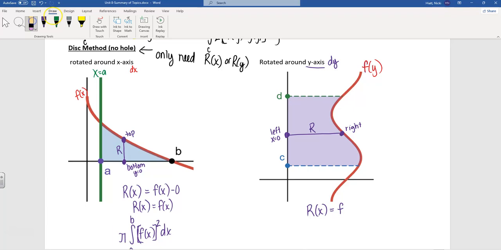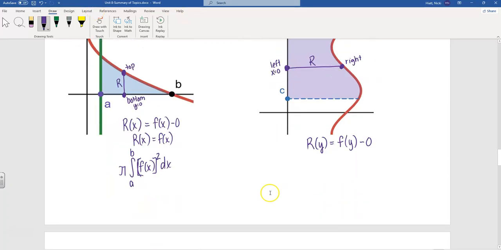Ooh, I messed up, that should be a y right there. Everything's y's. F of y minus the left side of that line is just 0. So capital R of y, for this particular case, is just f of y.